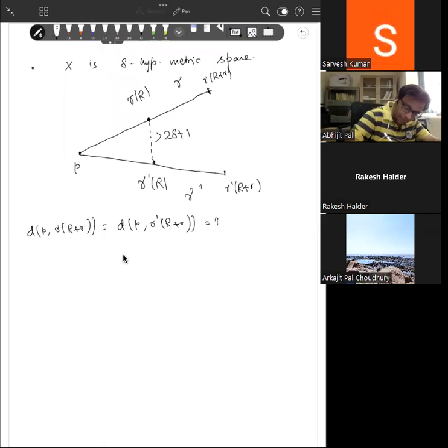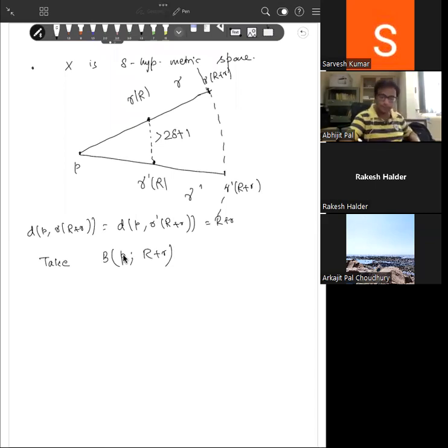Now I'll take a ball around P of radius capital R plus small r.